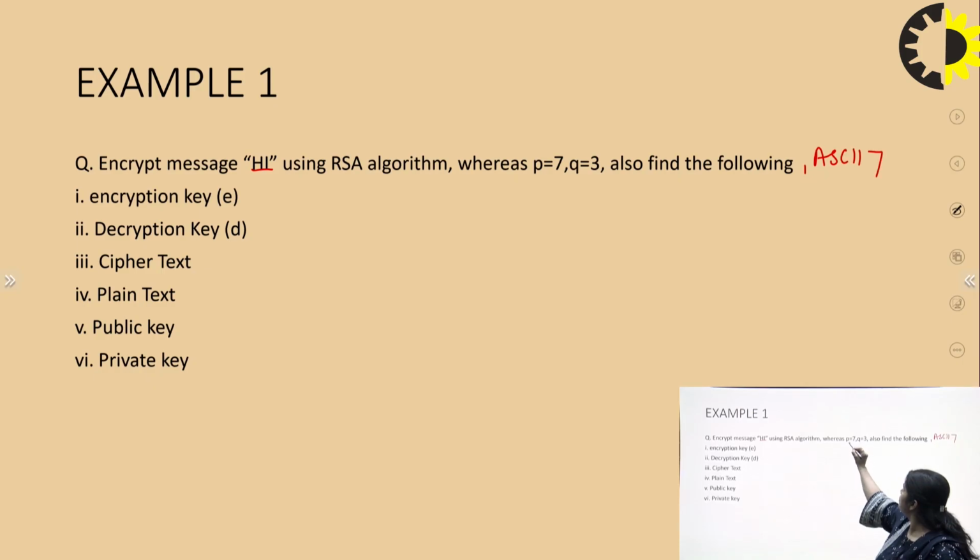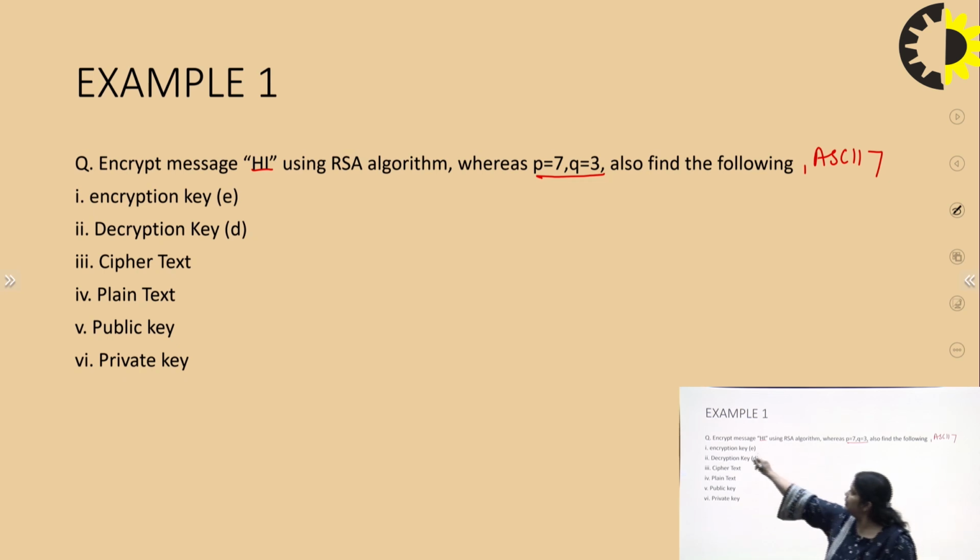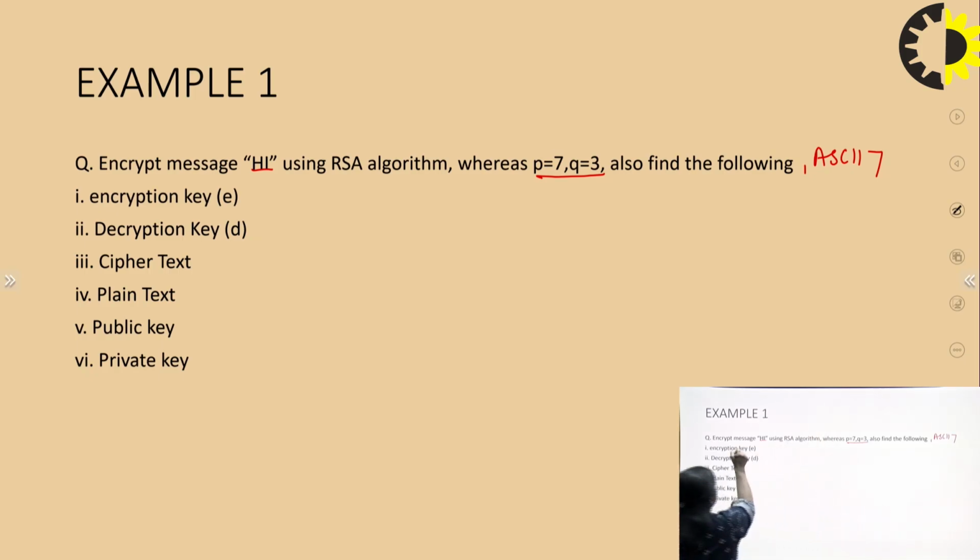Now, some prime numbers are given: p equals 7 and q equals 3. Find the following: the encryption key, decryption key, ciphertext, plaintext, public key and private key. So you know that for the decryption key, d e mod phi n equals 1. What are the formulas? For the encryption key, it is GCD of phi of n and e equals 1. For the decryption key, d into e mod phi n equals 1.